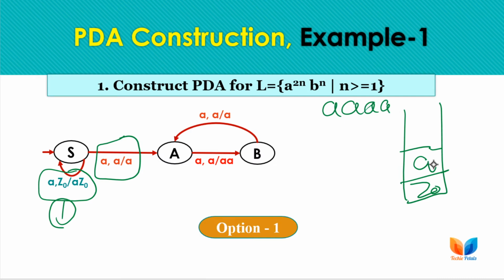For the second A, we have stack top as A, and we are keeping the same stack top here, not changing it, and just moving to the next state A.